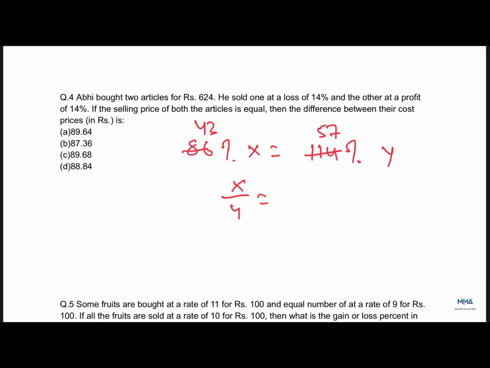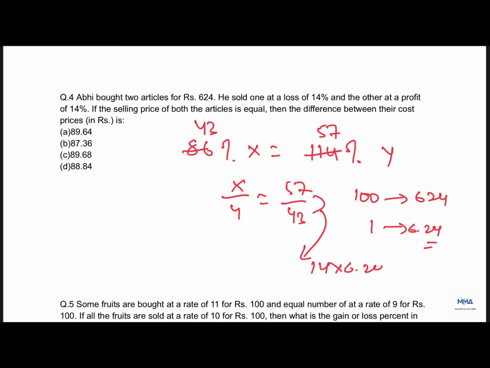So X by Y is 57 by 43. The sum of this is 100, which is given that it's equal to 624. So if 100 is 624, 1 unit is going to be 6.24. We need the difference between their cost prices, which is 14 units. So 14 into 6.24, going by the unit digit, this is the answer.